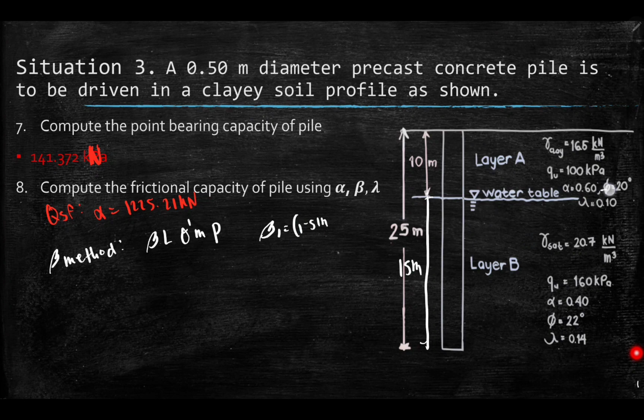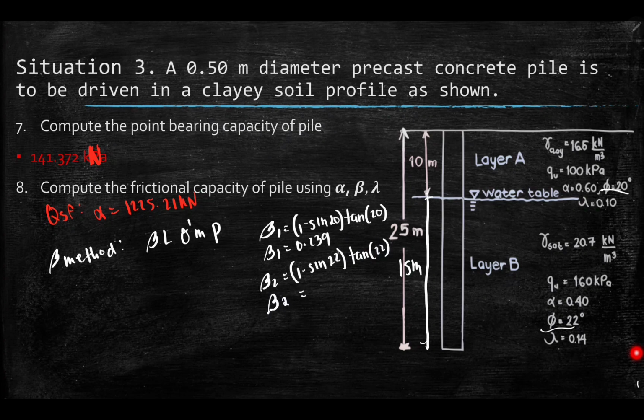So, meron siya angle of internal friction na 20 times tangent of 20. Therefore, our beta 1 is equal to 0.239. Okay? Solving naman for beta 2, soil layer B, 1 minus sine, ito, angle of internal friction na 22, tangent of 22. So, our beta 2 will be equal to 0.253.